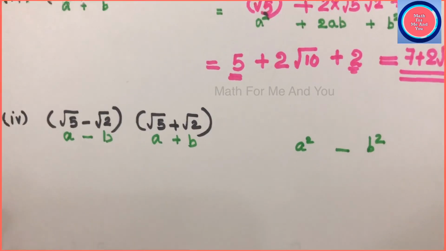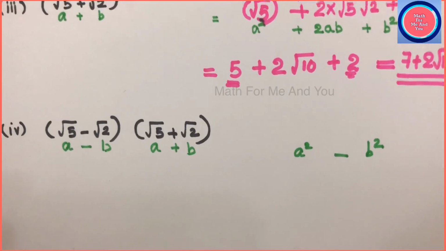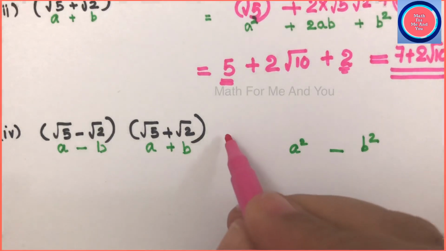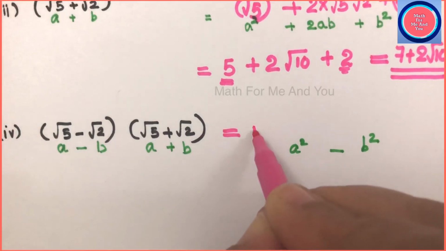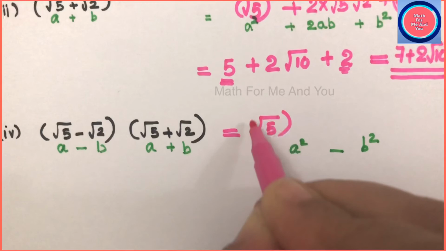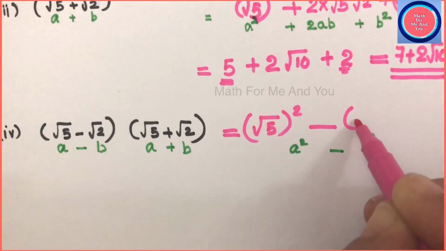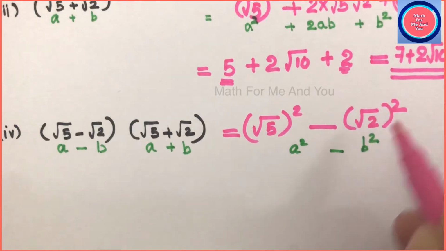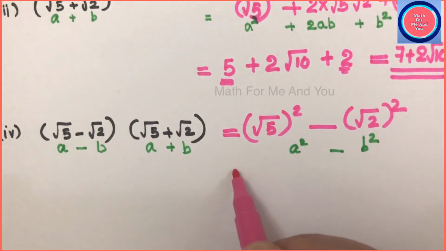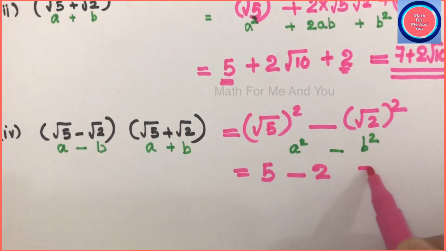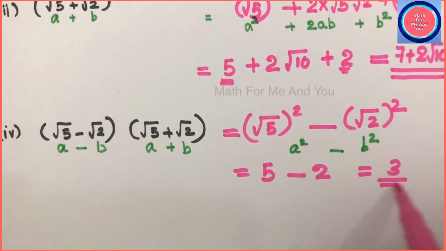It is root 5, so a square is root 5 square. Then what is b square? It is root 2 square. So we write root 5 square minus root 2 square. Root and square cancel, then we get only 5, minus only 2. 5 minus 2, what is the answer? 3.